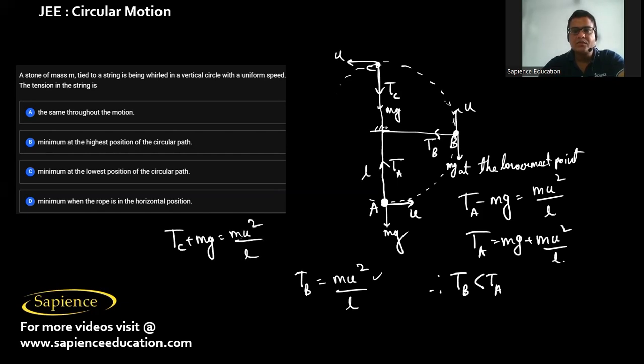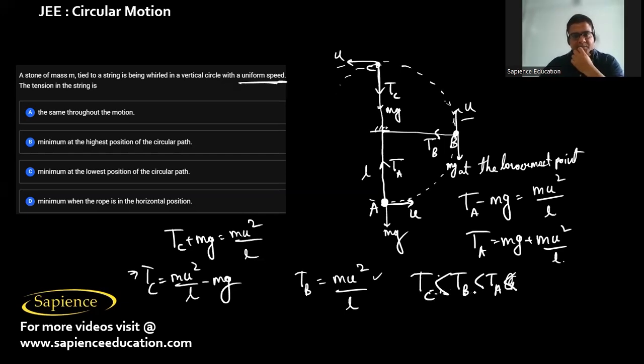So at all points, the speed will be the same, only u, since it is told that it is whirled in a vertical circle with a uniform speed. So therefore, TC here will be mu square by L minus mg. So obviously, TC will be even lesser. TC will be lesser than TB also.